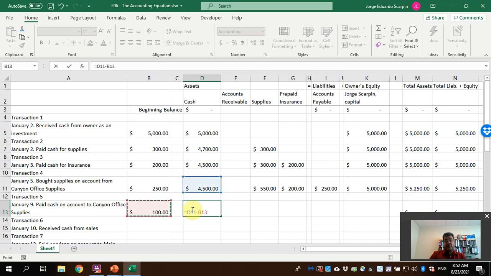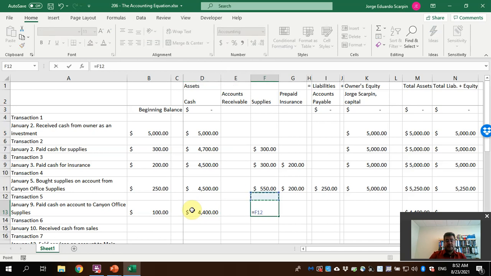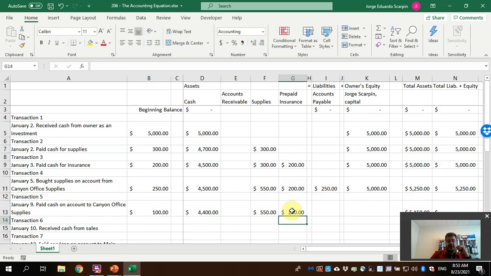4,500 less 100, 4,400. Supplies remain the same. Here, guys, we are not purchasing any additional supplies. The purchase was in transaction 4. We are paying our liabilities. Okay? Prepaid insurance remains the same.